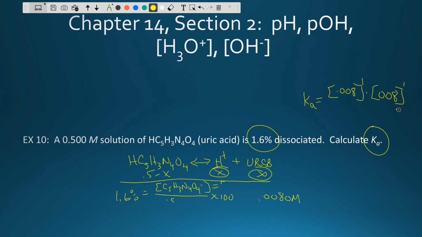These are each to the first power because there's a coefficient of 1. We don't know the Ka value, but I do know my X value, so let's subtract off the 0.008, and I find that my Ka value ends up being 1.3 times 10 to the -4.